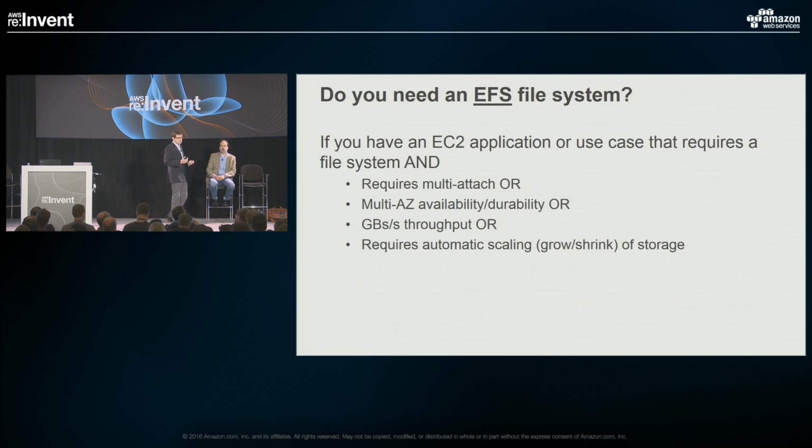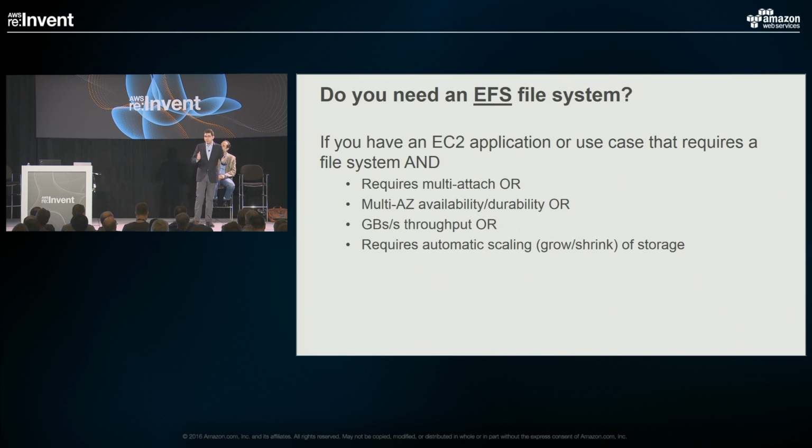Some guidelines to think about: if you have an EC2 application and it requires a file system and either requires multi-attach, so access from more than one instance, requires multi-AZ availability or durability, needs to scale to gigabytes per second of throughput, or requires automatic scaling, so as you add data, it grows, and as you take it out, it shrinks.